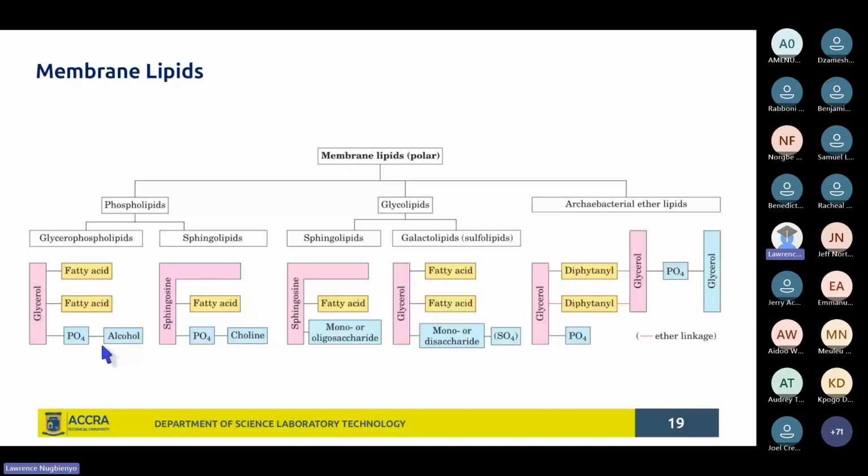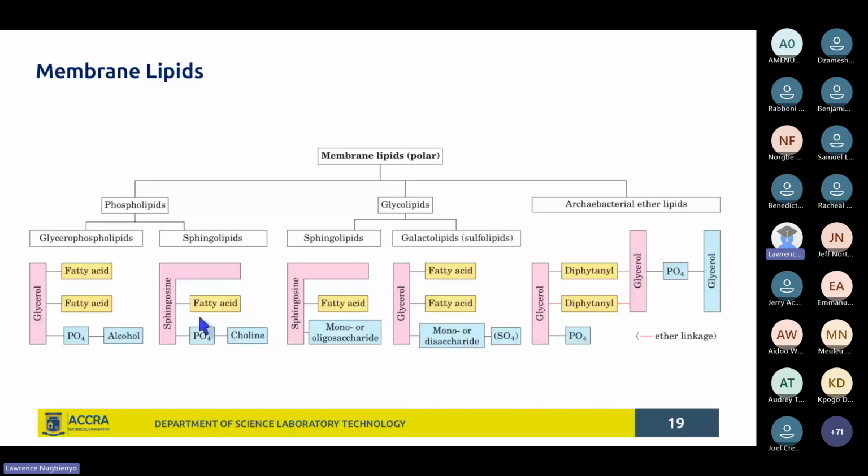Then you have sphingolipids. For the sphingolipids, you see the backbone is not glycerol, but sphingosine. So that's another lipid. We'll see the structure of sphingosine. And on that sphingosine, you have a fatty acid.